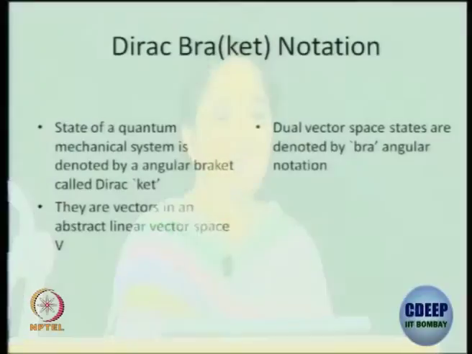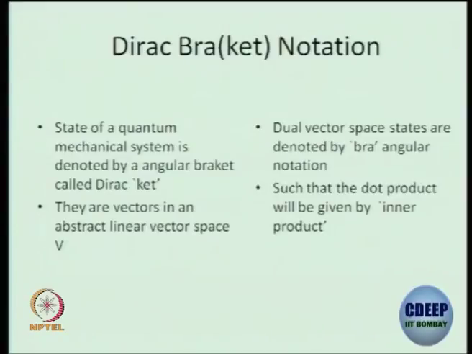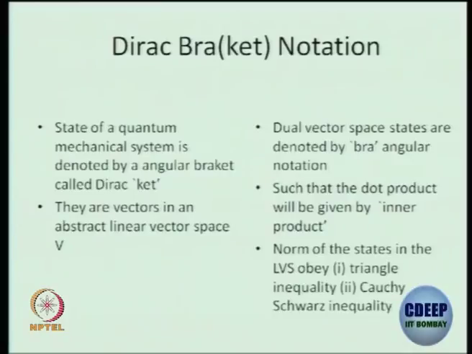A dual vector space is denoted by another angular bracket, which is called a bra, and then the dot product. You need the dual vector space, otherwise you can't define this inner product. The inner product is the one which will give you the length and other scalars.